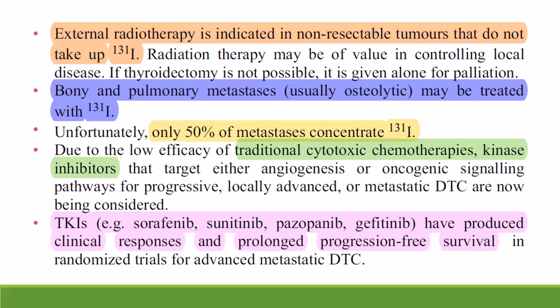About 50% of metastases concentrate radioactive iodine, and so there are kinase inhibitor drugs that can be used for management of metastasis. Two of these drugs are sorafenib and sunitinib, and other drugs are used for management of advanced metastatic differentiated thyroid carcinoma.